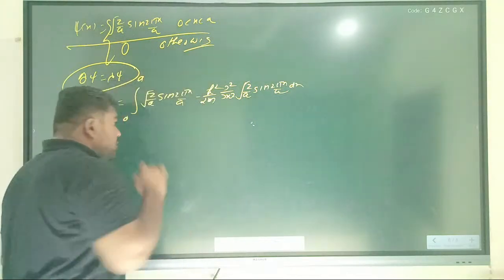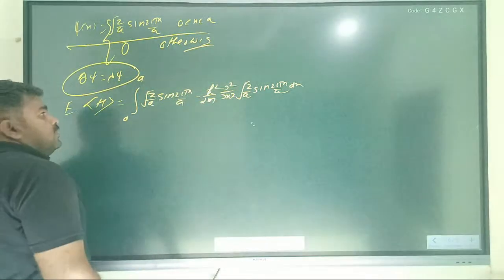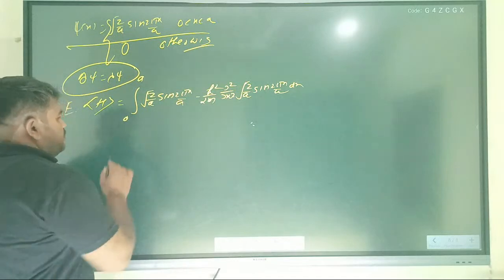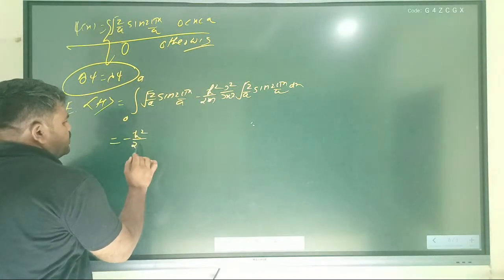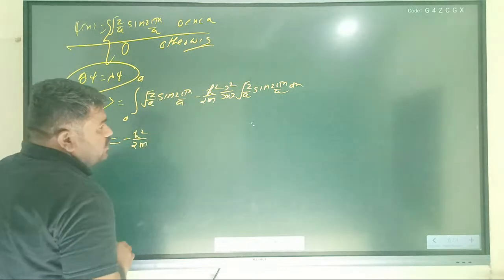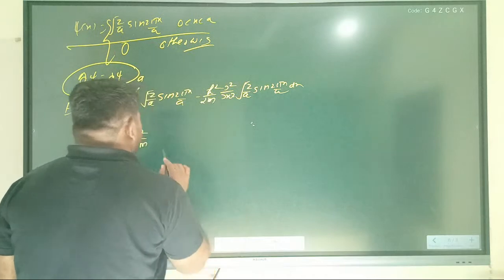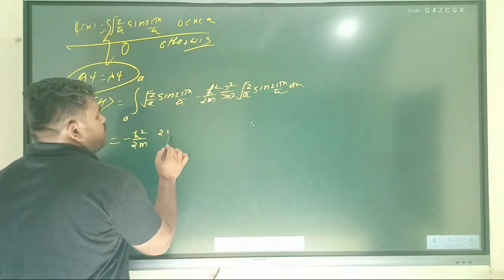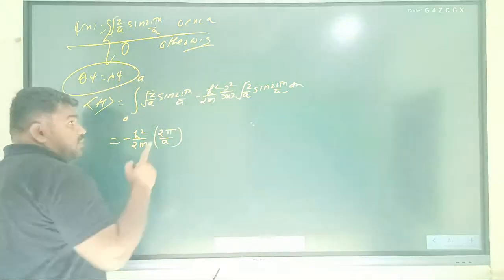Clear? Now we can take the double derivative. Then first, minus h cross square upon 2m we can take outside. Clear? First one. Second one, take the first derivative. We are getting how much? 2 pi by a. Yes or no? First derivative.